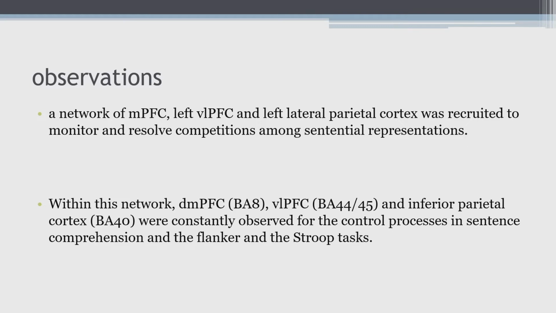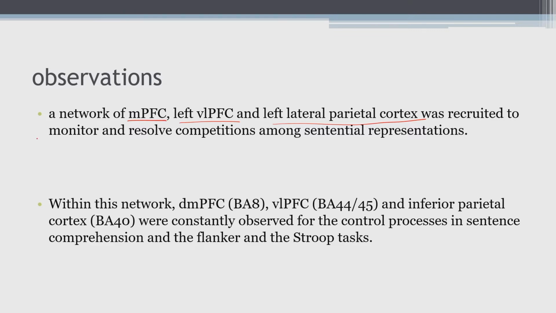Now, our primary interest is to check whether the same general purpose cognitive control networks are activated during both types of task. What they found is that the medial PFC, left VLPFC and left lateral parietal cortex, all of which are implicated in general purpose executive control, were recruited to monitor and resolve computations in the sentential representation.